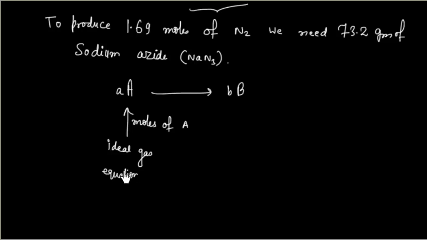And once I know moles of A, we can use molar ratio to calculate moles of B, and once I know moles of B, we can multiply by molecular weight to calculate mass of B.